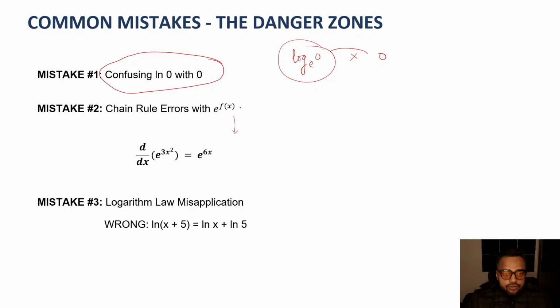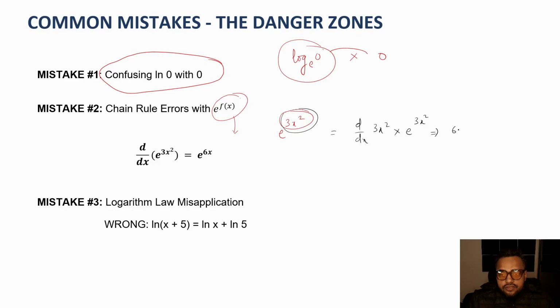Majority of the students get confused with the chain rule applied in e raised to the power f(x). So it will be e raised to the power 3x square, if I say. This is a function value, student. So the differentiation will be the differentiation of this function, that is d by dx of 3x square, times e raised to the power 3x square.